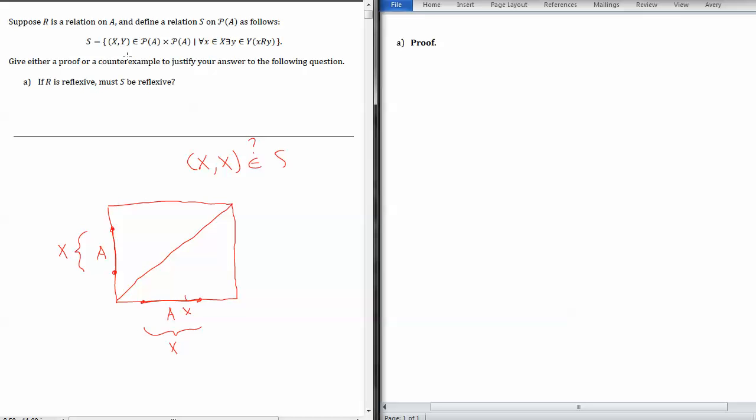So instead of X and Y, we had just X and X. So does there exist some y in here such that the ordered pair (x, y) is in R, right?